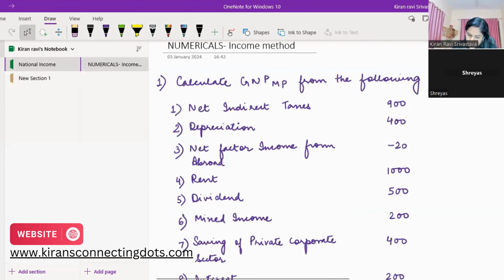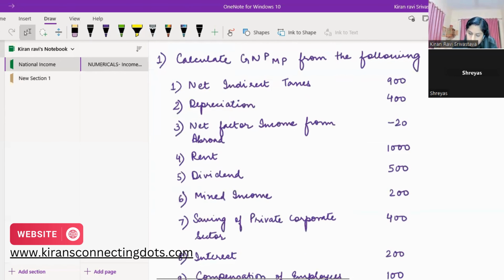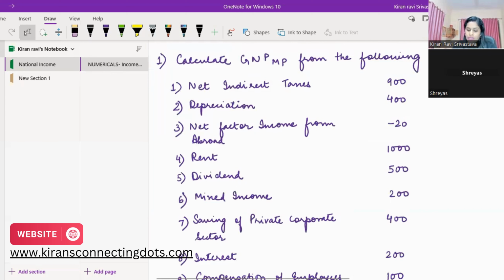Again, you need not copy anything here. Read the question. What have they given? Calculate gross national product at market price from the following data. They have asked you to calculate GNP from the following data.